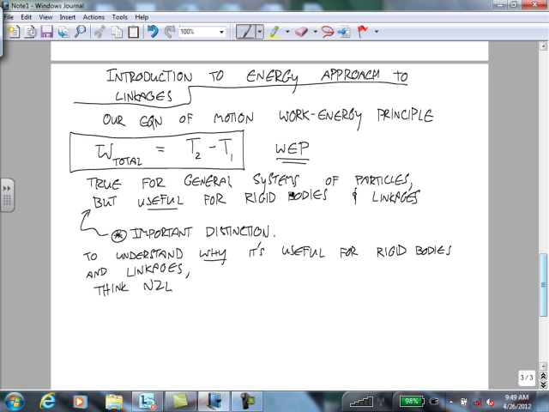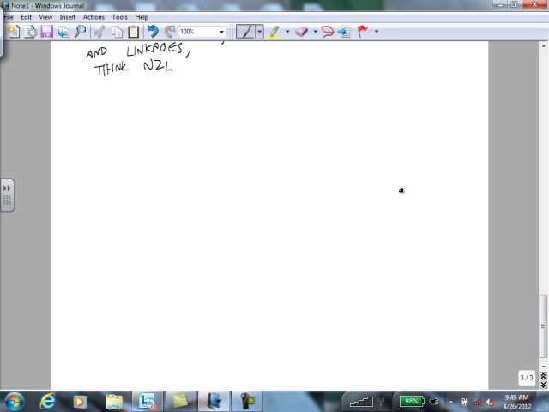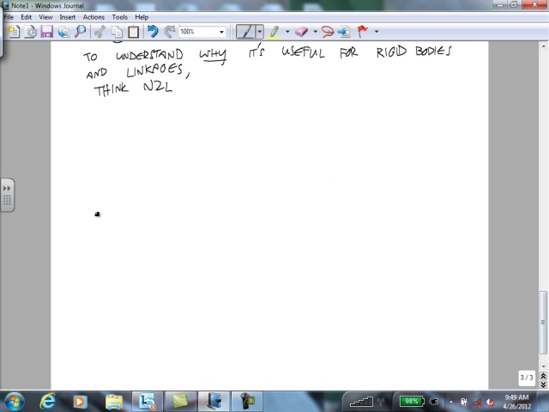Newton's second law says, add up all the forces on a system of particles, and that's equal to the mass times the acceleration of the center of mass of the system, okay?